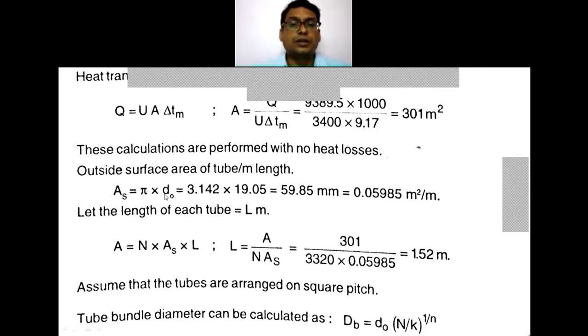Now this is pi do, the outside surface area of the tube per meter length.